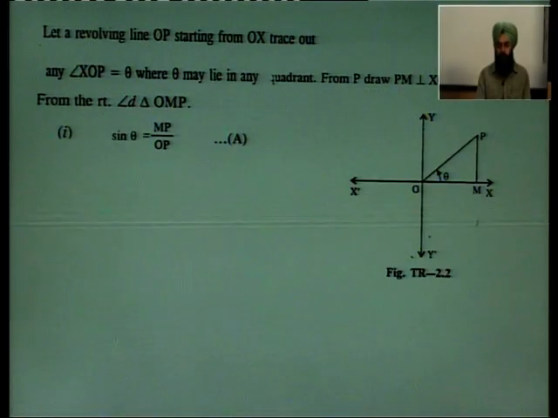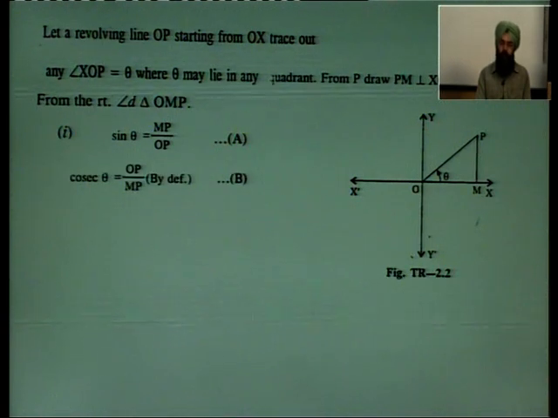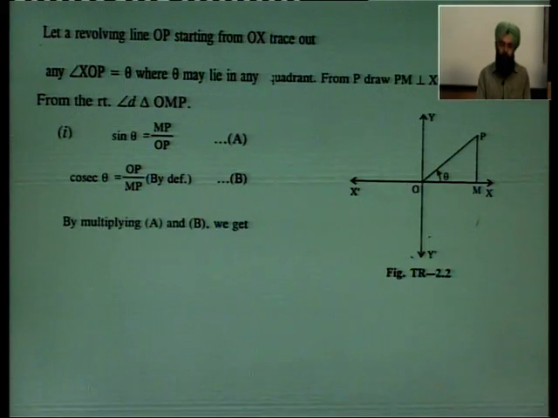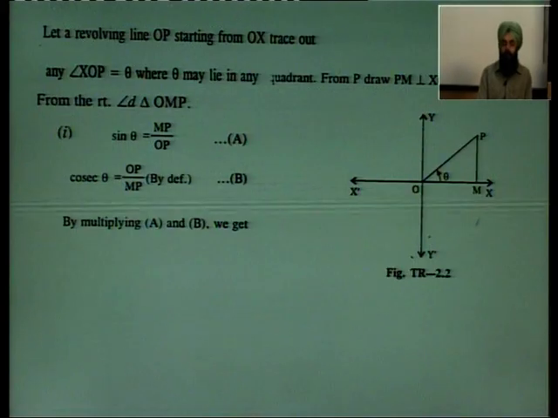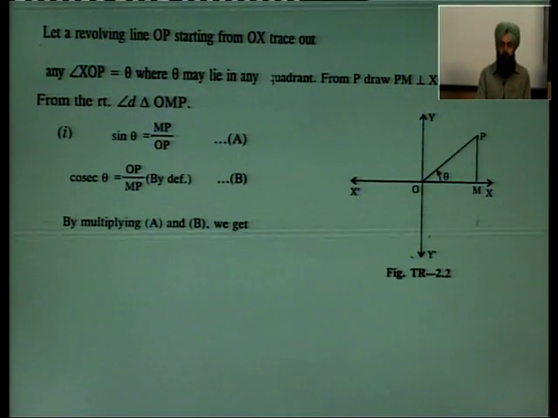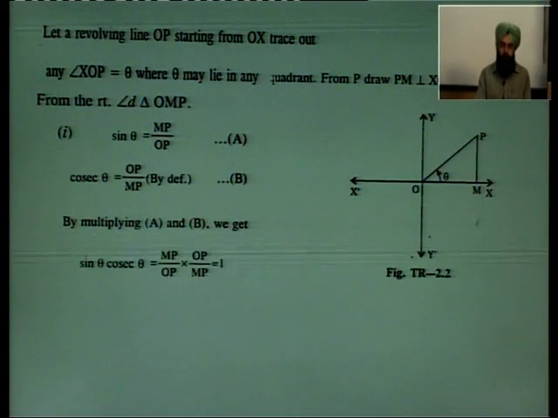We have sin theta is MP by OP, and we have cosecant theta is OP by MP. When we multiply A by B, we have sin theta into cosecant theta, it is MP by OP into OP by MP.